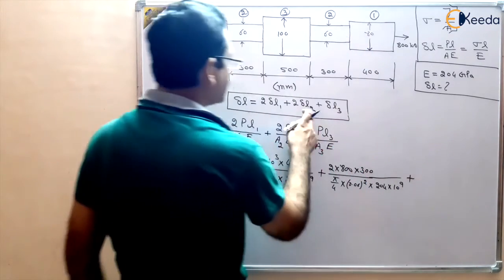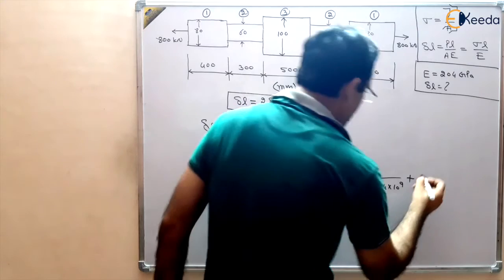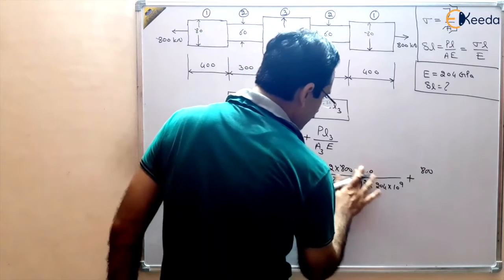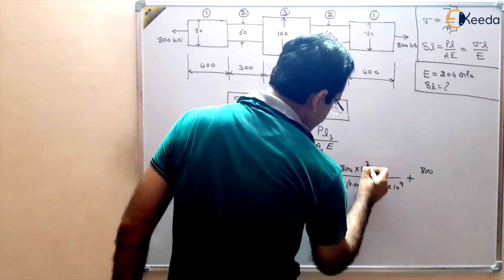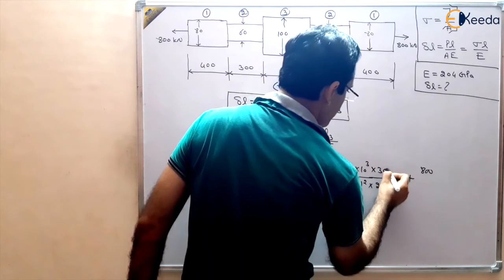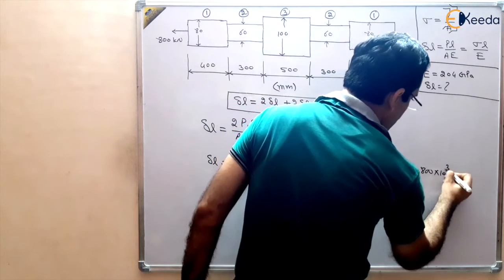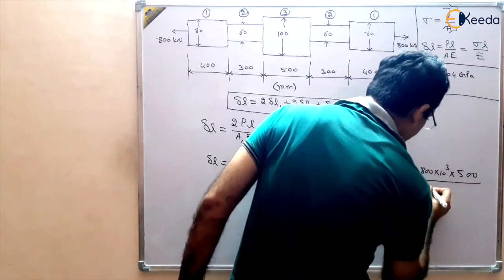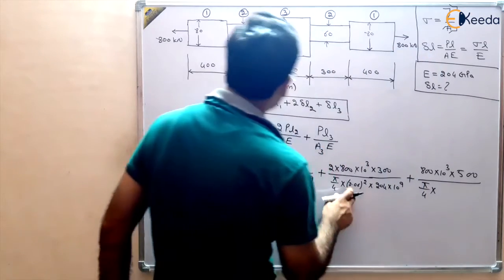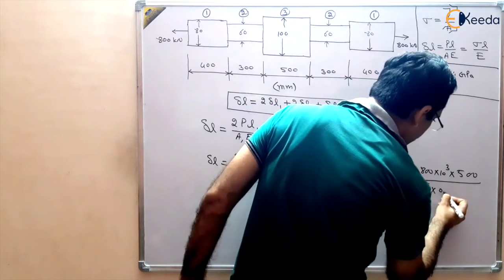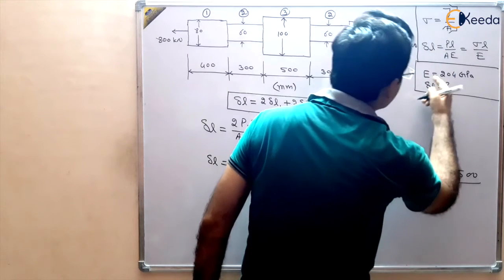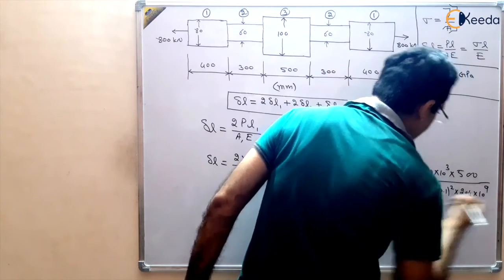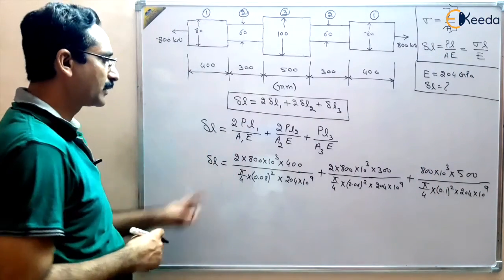Plus the change in length of the third section, this bigger section: P, 800 multiplied by 1000, multiplied by length in mm 500, divided by pi by 4 d square, where d is dia 100, which you can write as 0.1 square, multiplied by modulus of elasticity 204 gigapascal converted to pascal, 10 power 9. So the final answer will come in millimeter.